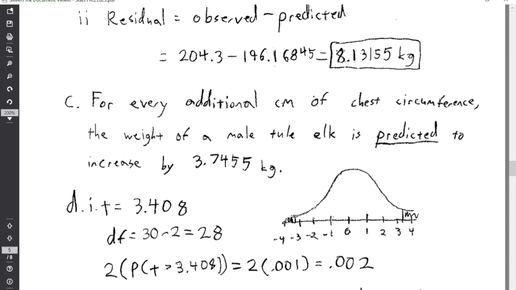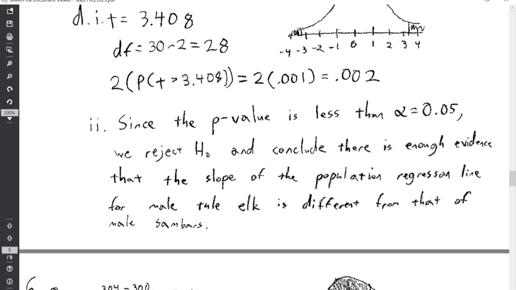And then it asked you to make an interpretation of whatever p-value you came up with. So whatever p-value you came up with, compare it to the alpha level, decision about reject or fail to reject. In this case, we reject. There is enough evidence for the alternative, which is that the slope is not the 4.5, so that it's different from the slope of the sandbars.